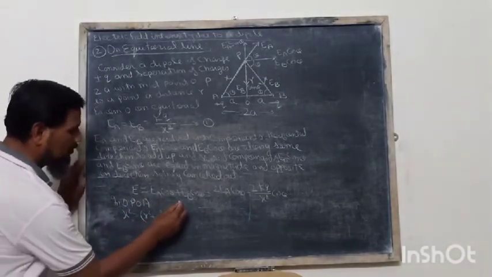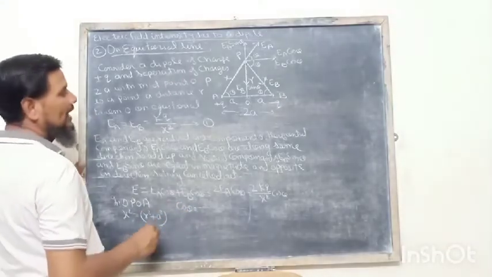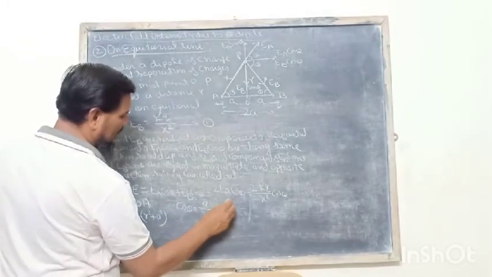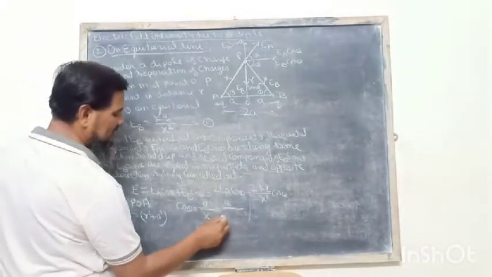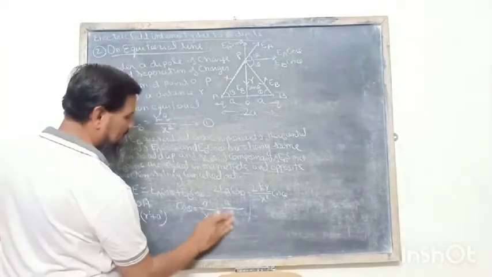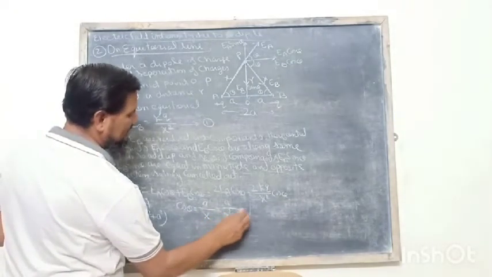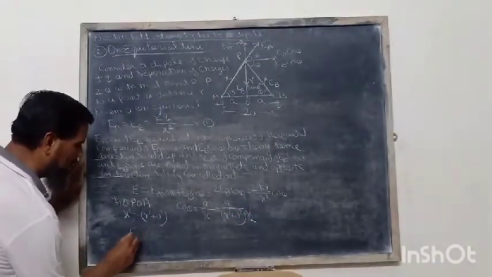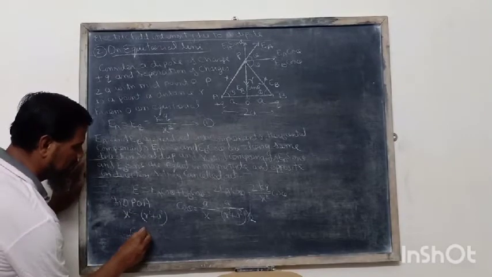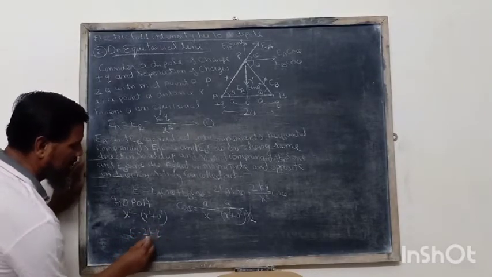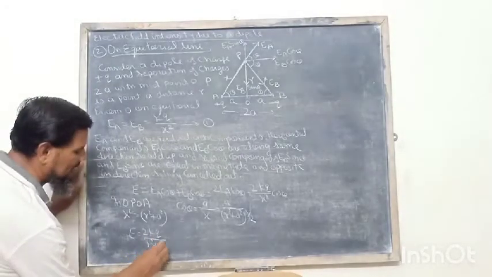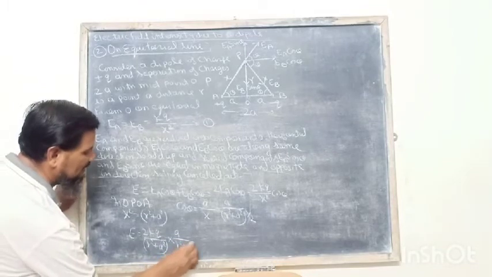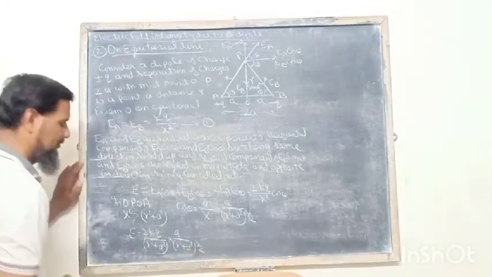And cos theta is equal to base upon hypotenuse, means a upon x, and the value of x is (r square plus a square) power half. When we put all values, E is equal to 2kq upon (r square plus a square) into a upon (r square plus a square) power half.